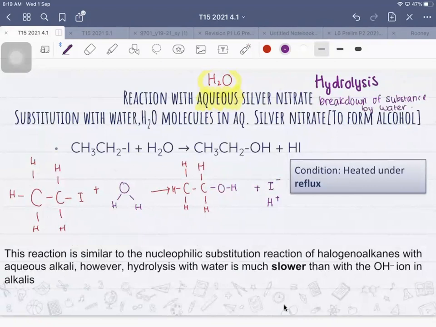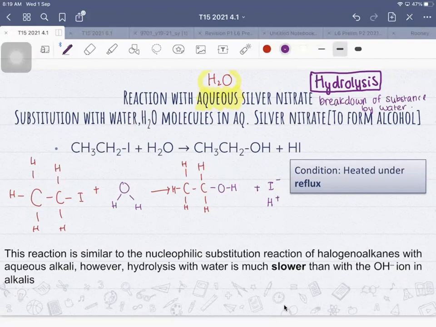This is the correct term. And I think there was an error or a typo previously, the one under sodium hydroxide. That's not hydrolysis, that's just a substitution reaction using a hydroxide ion as your nucleophile. In this one you're using water as your nucleophile, so it is called hydrolysis.